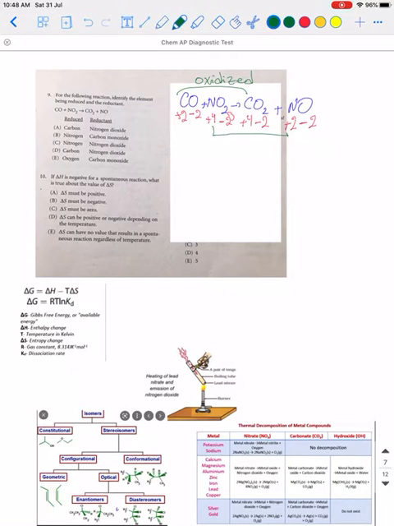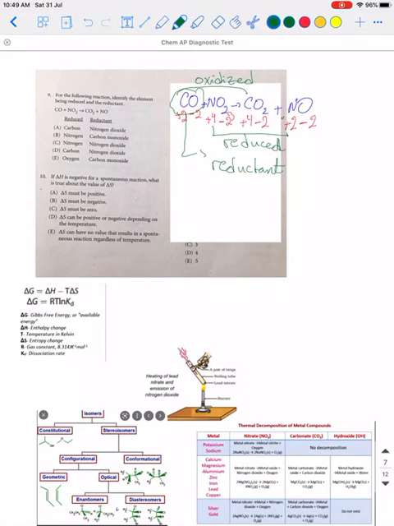Positivity decreased, meaning electrons were added, so this is reduced. The substance that is oxidized we call the reducing agent, because it caused the other substance, nitrogen dioxide, to be reduced. So carbon monoxide in this equation is the reductant, or the reducing agent.